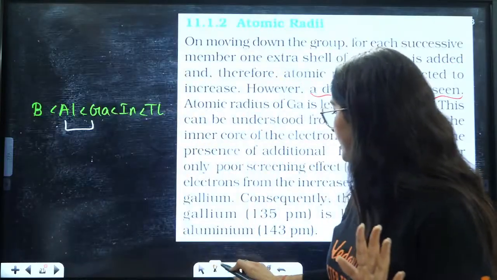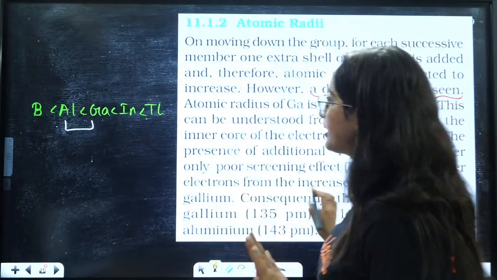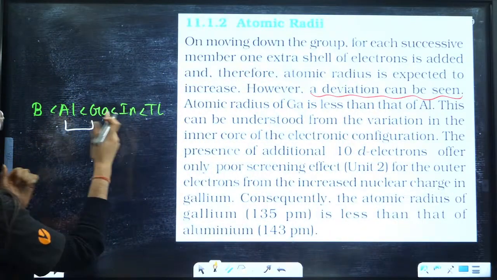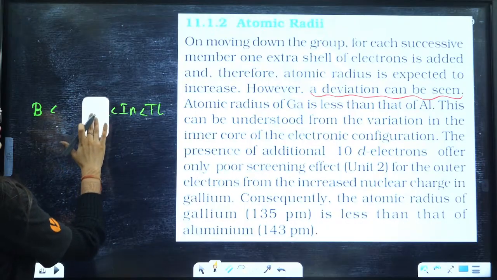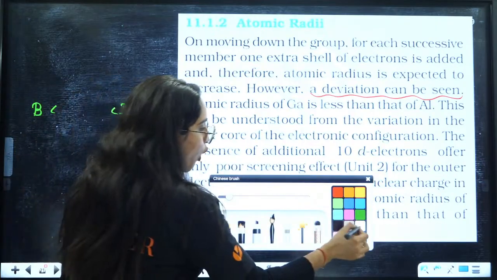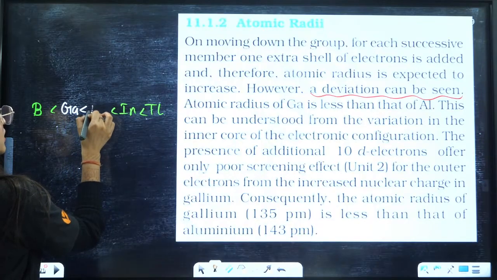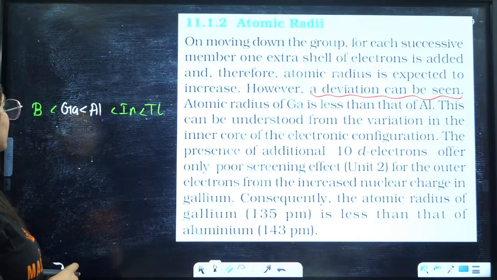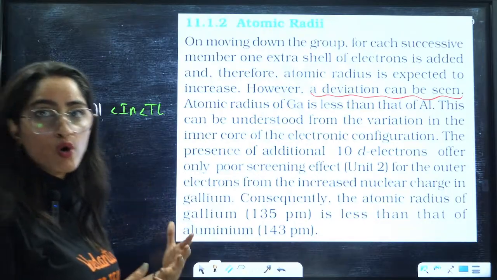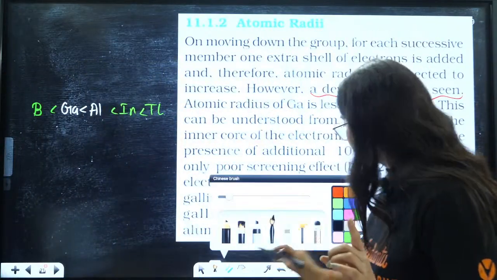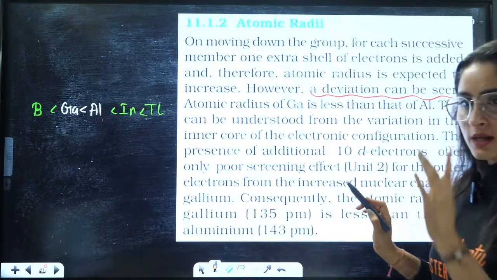What we were thinking is actually not what happened here. We were thinking that gallium has more size because the number of shells is increasing, but because of the poor shielding effect of the d electrons, aluminium has more size as compared to gallium.